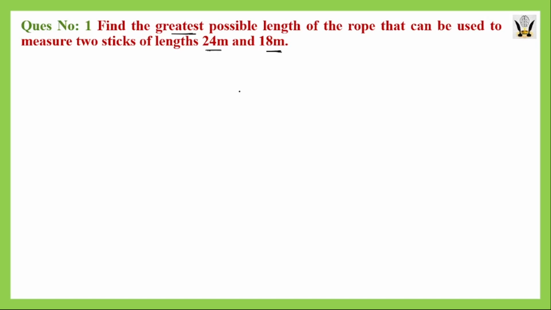So what we have to do? We have to increase the length of that rope. That's why the question says greatest possible length, so that the repetition for measurement of these two sticks will be minimum. If the length of the rope chosen is greatest, then the repetition of the measurement will be least.